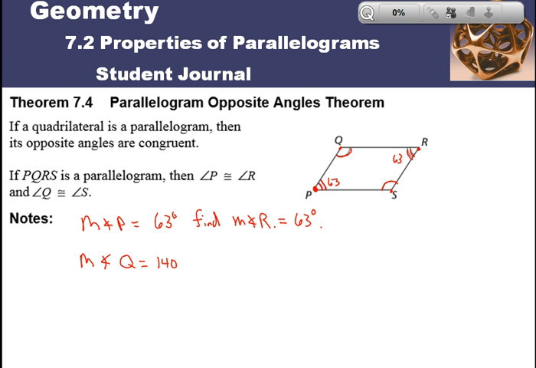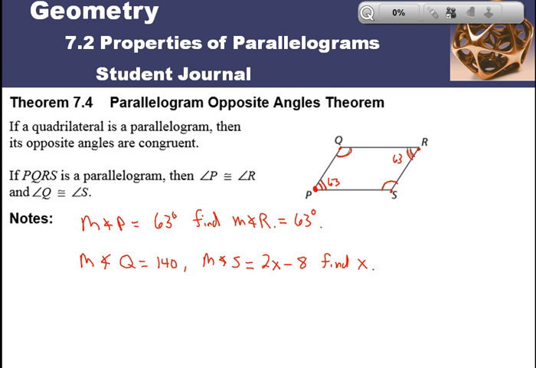And let's say that the measure of angle S was 2x minus 8. Then we would want to find x. So let's find x.